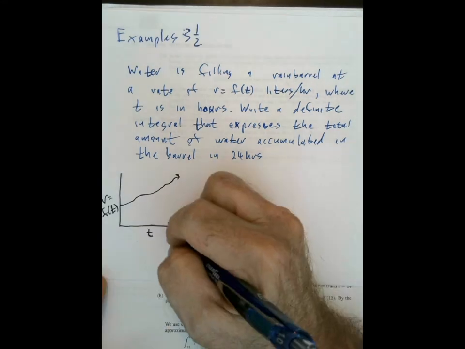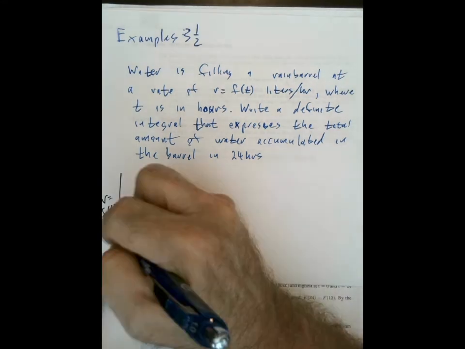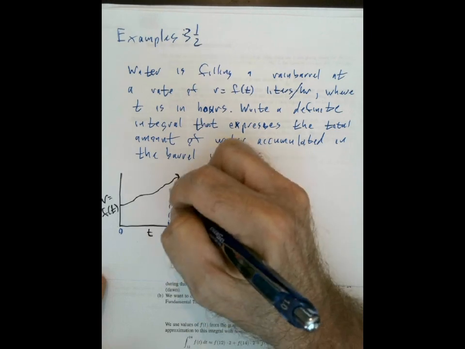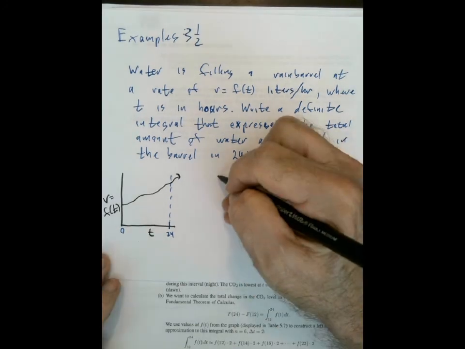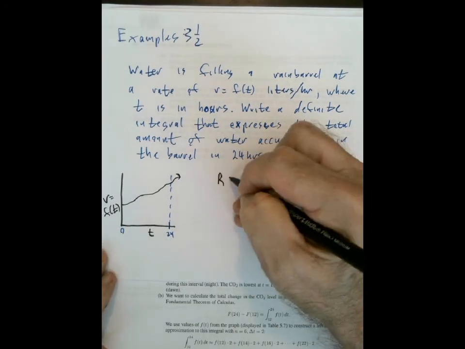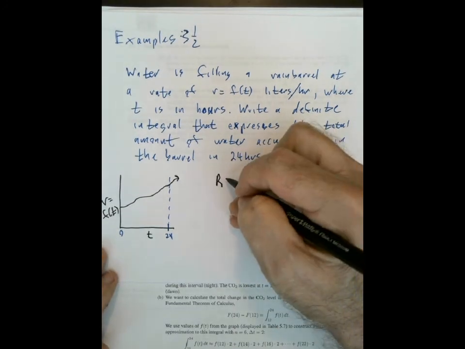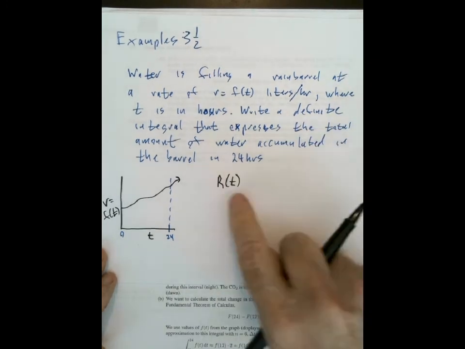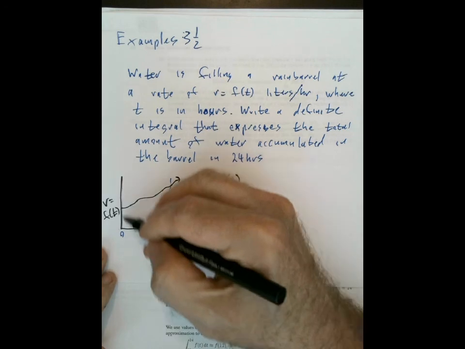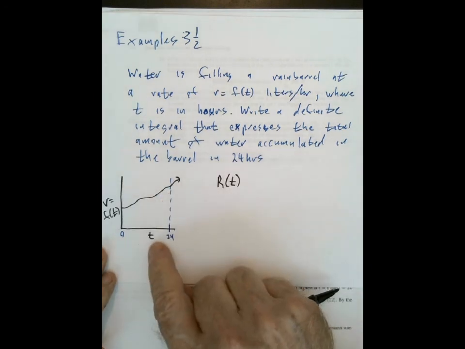Let's say that's 24 hours right there from 0, and that's the interval we want. What we've got to know is that the accumulation, the total amount of water in the barrel, let's call it capital R of t, is the area under this curve for a given value of t.